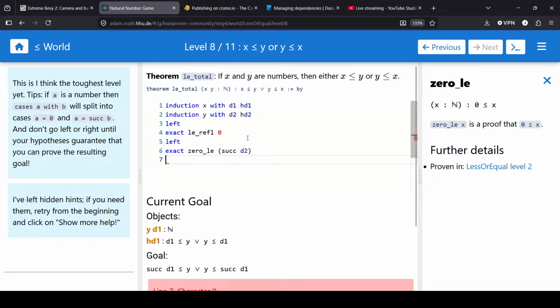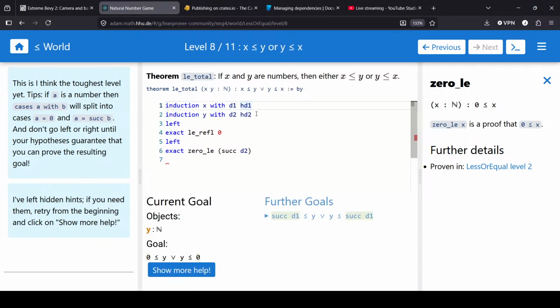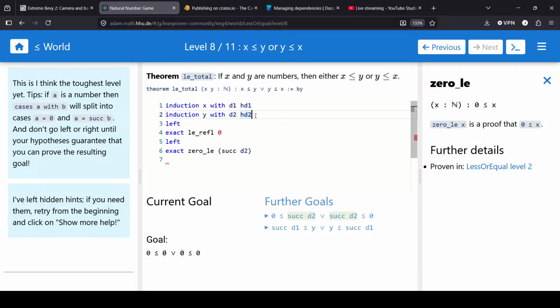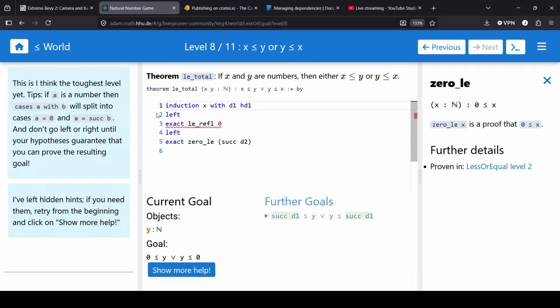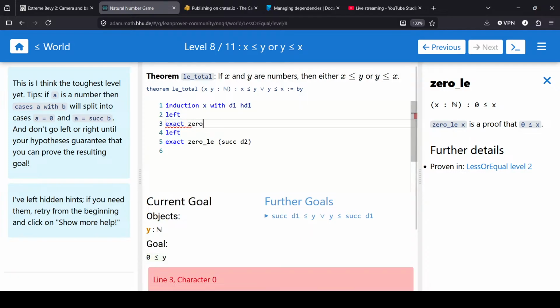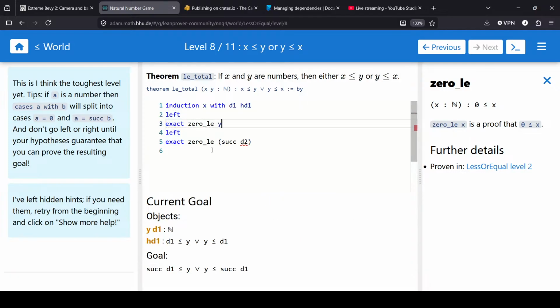Oh, I can skip the second induction. So I could just use exact 0 le Y. But then I still end up here, don't I? So I'm here.